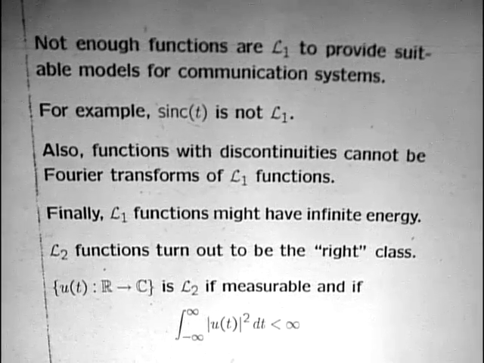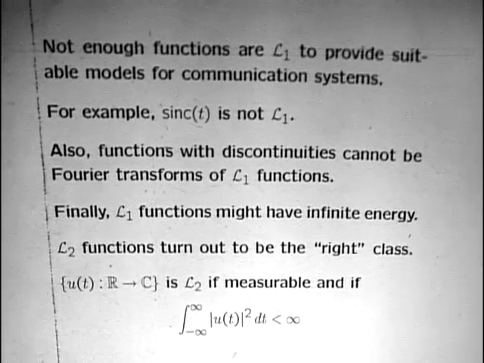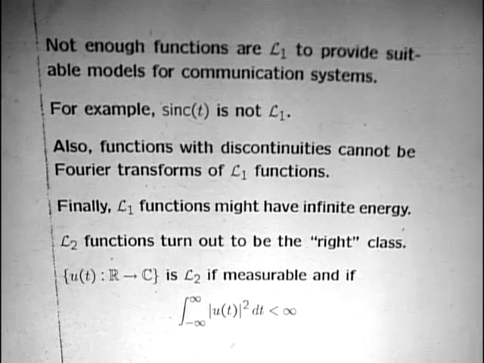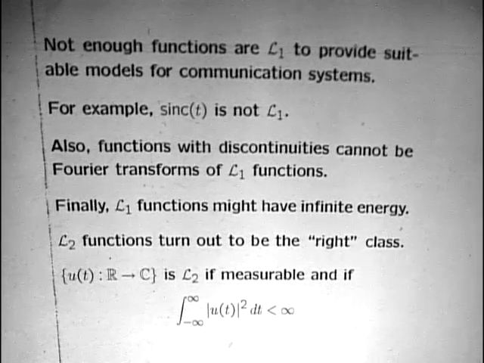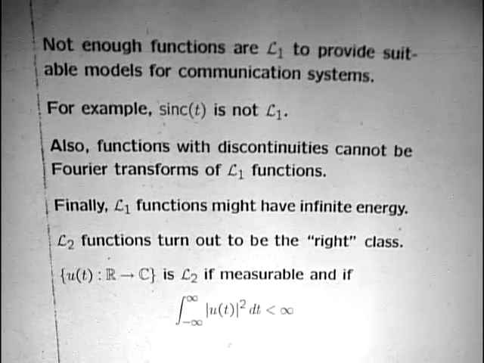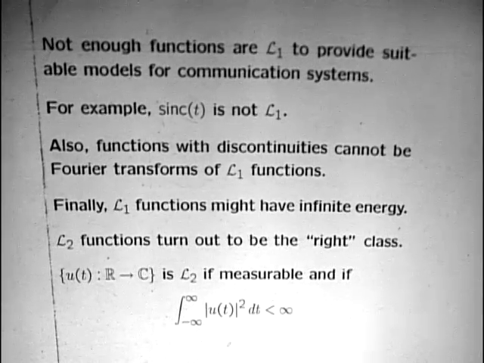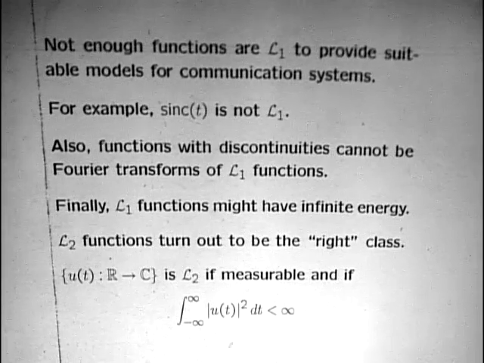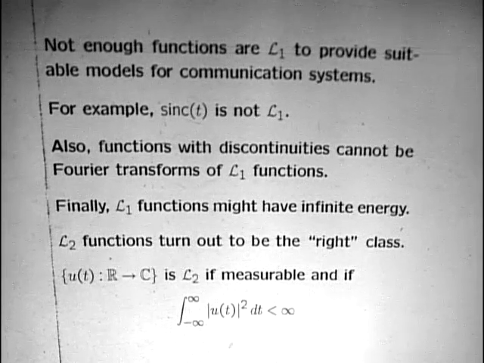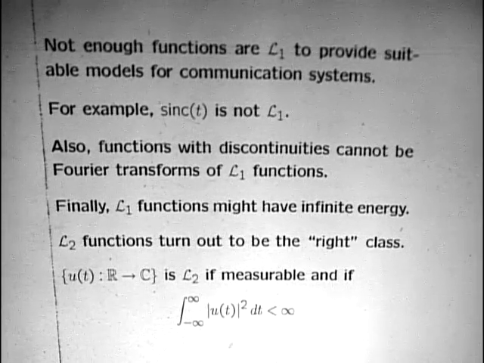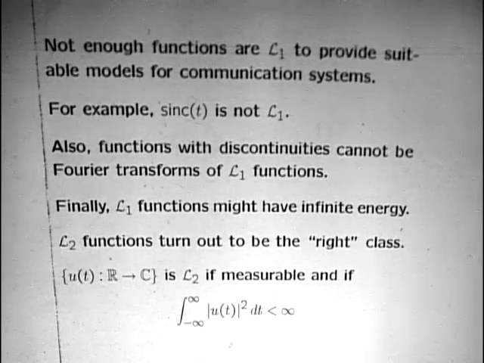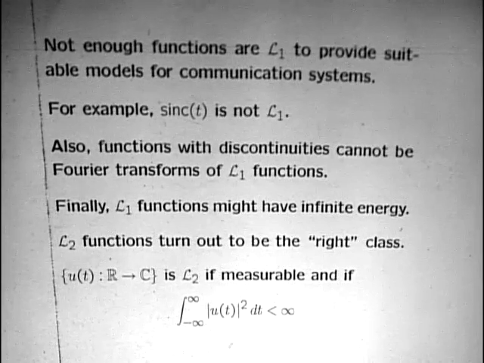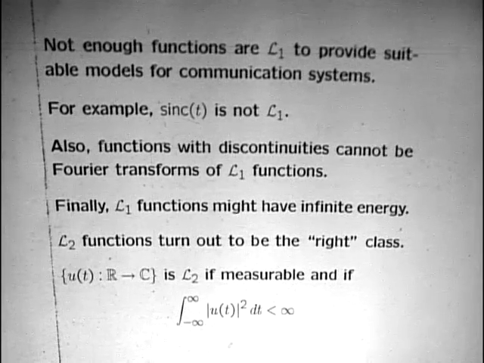Sometimes you have functions which go off to infinity too fast as you approach time equals 0, things which are a little bit like impulses, but not really. Impulses are awful, and we'll talk about them in a minute, because they don't have finite energy, as we said before. You have functions which just slowly go off to infinity, and they are L2, but they aren't L1.